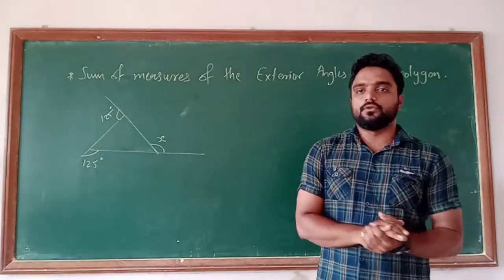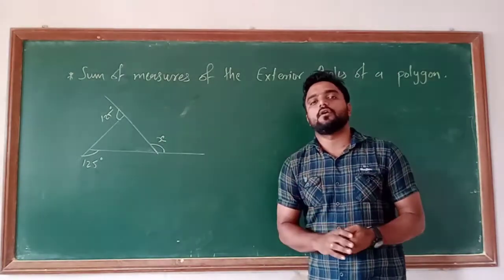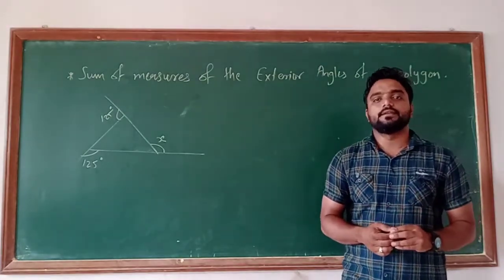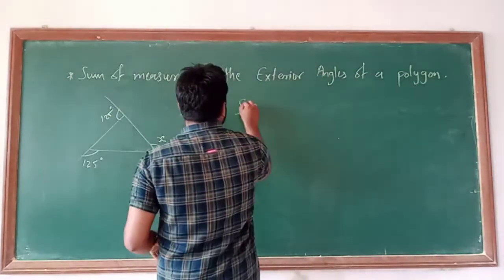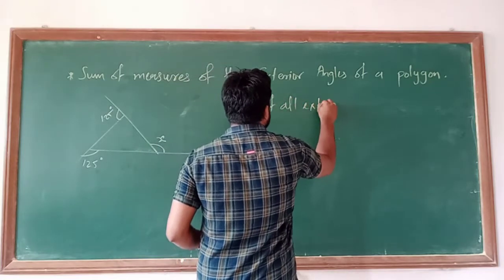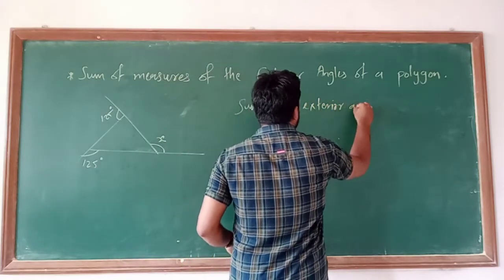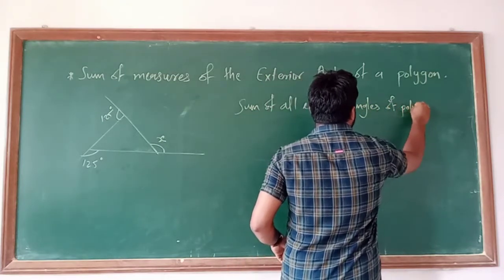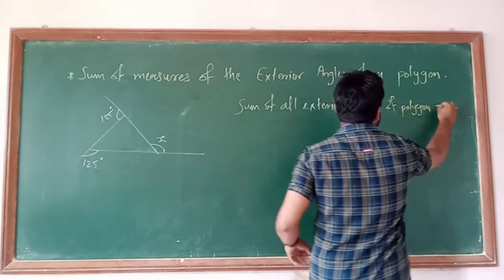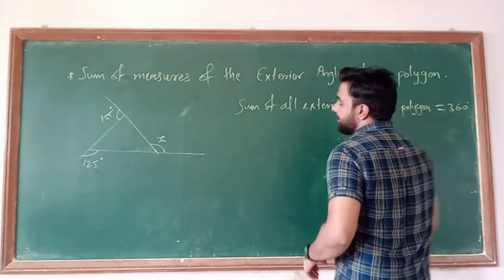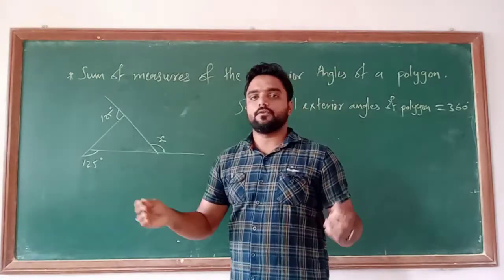But we all know the summation of exterior angles of a polygon is how much? 360 degrees. So the sum of all exterior angles of a polygon is equal to how much? 360 degrees. That is the summation of all the exterior angles.